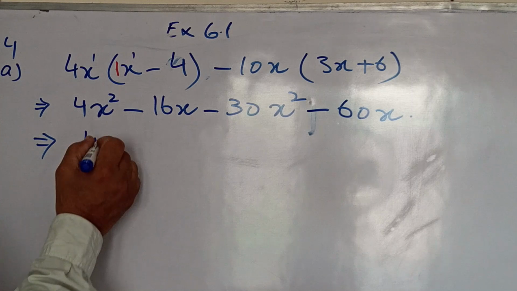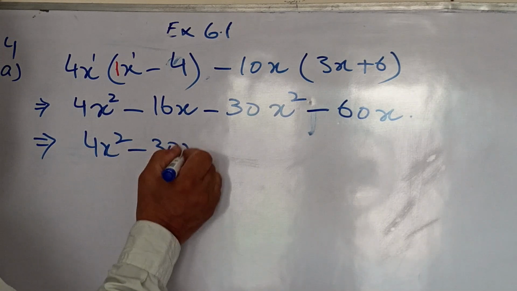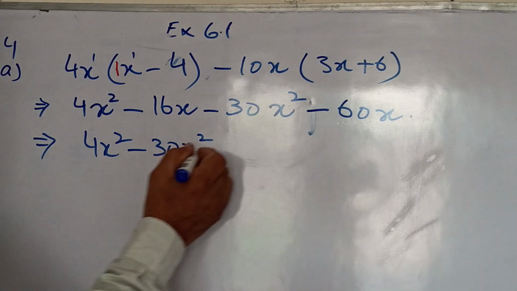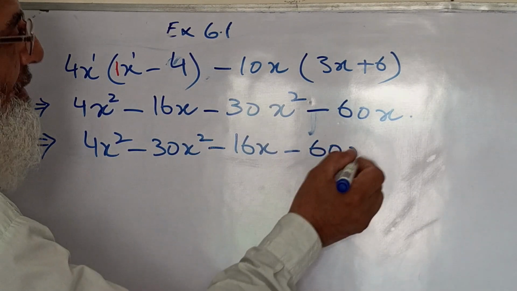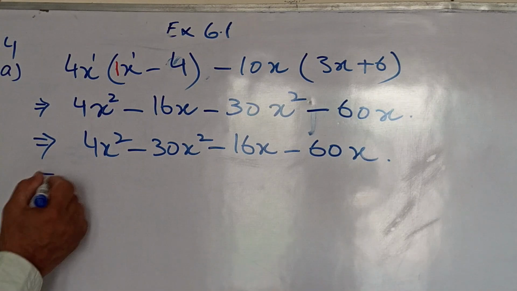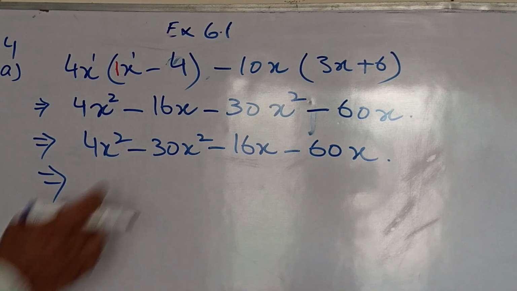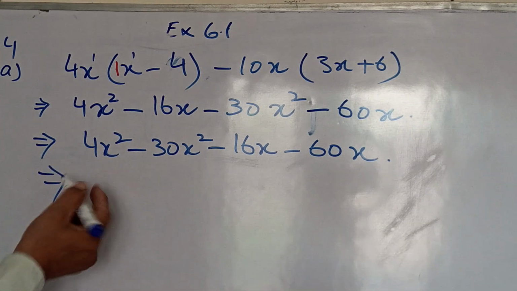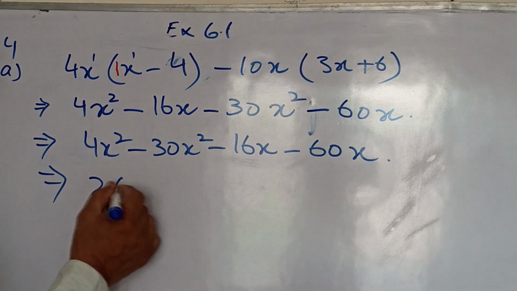It is 4x square minus 30x square minus 16x minus 60x. Now it will become, just subtract 30 and 4, it will become 26x square.